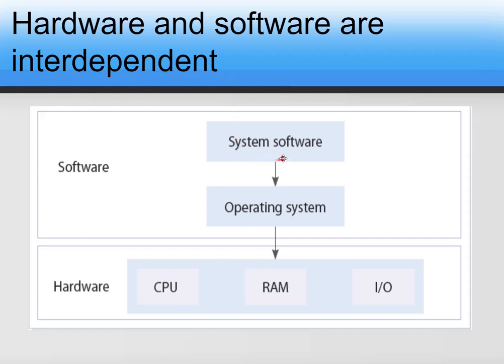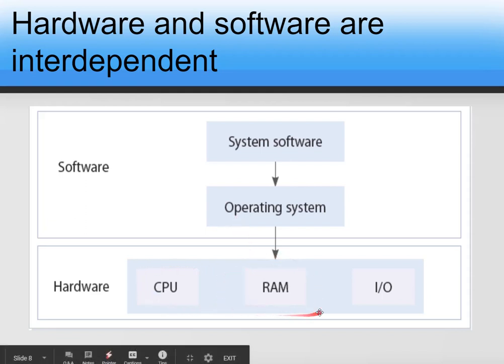We have already seen how system software controls and manages the working of the computer system as well as the working of various devices. Here in this slide you can clearly see that the system software example is shown as operating system. That is one example of your system software. The operating system manages everything related to your CPU, RAM, and input and output devices.